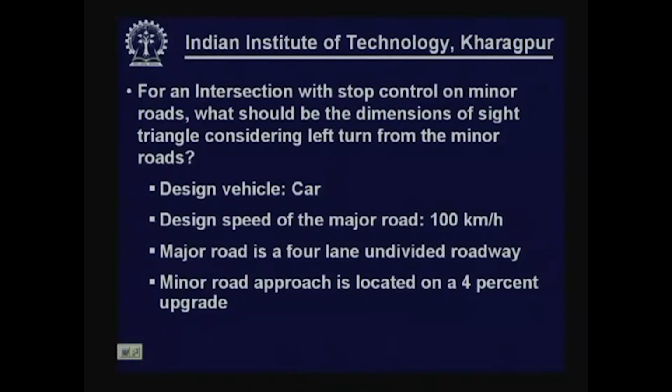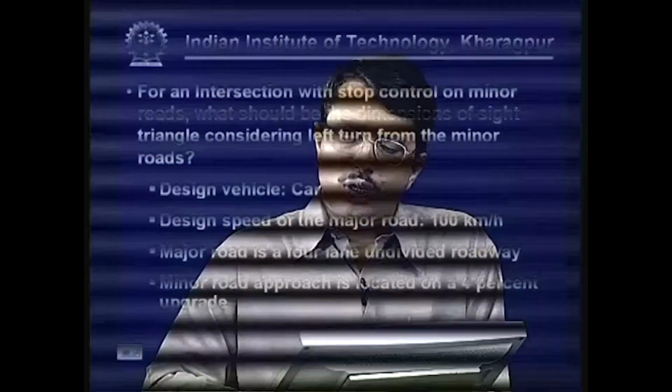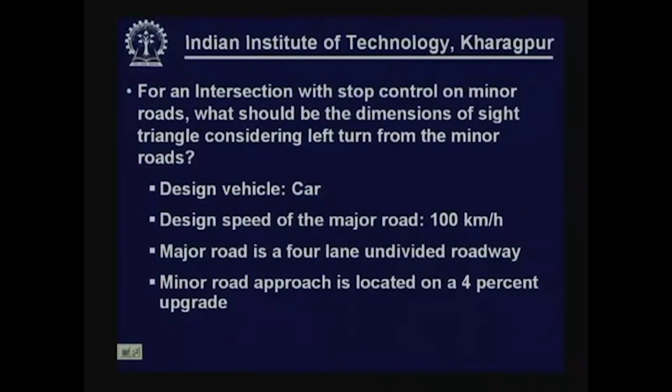Third question, for an intersection with stop control, you can consider it is a 4-legged intersection with stop control on minor road, what should be the dimensions of side triangle considering left turn from the minor roads under the following condition, where the design vehicle is a car, design speed of the major road is 100 km per hour, major road is a 4-lane undivided roadway, and minor road approach is located on a 4% upgrade.